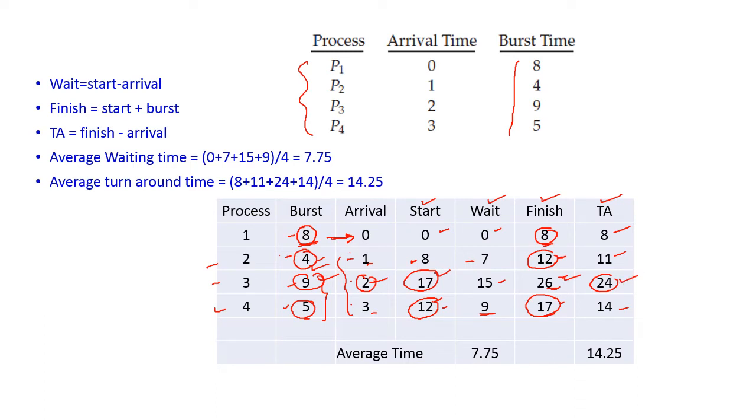With these values we compute the average waiting time of all the processes: the sum of 0 plus 7 plus 15 plus 9 divided by 4, which is equal to 7.75, and the average turnaround time is 14.25.